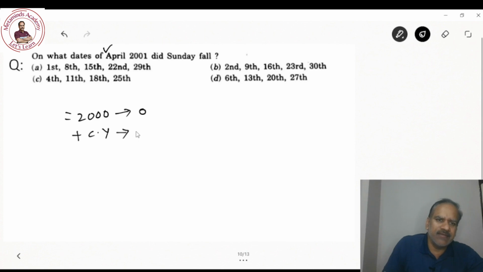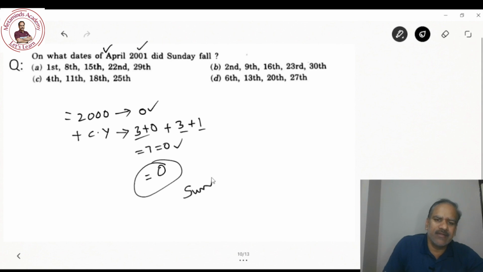So in the current year, January has 3 odd days because 2001 is an ordinary year. Feb has 0 odd days. March has 3 odd days, plus 1st April. So 3 plus 3 plus 1 is 7, which is equal to 0. 0 plus 0 equals 0. So the answer is Sunday. 0 odd days is equal to Sunday.